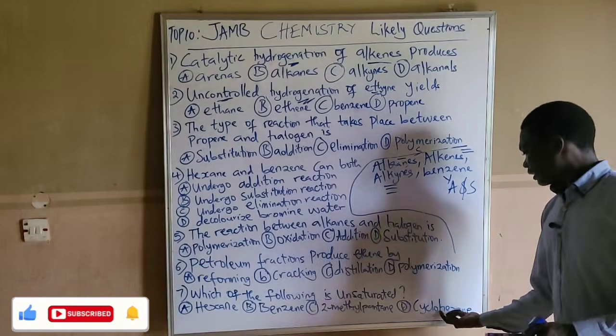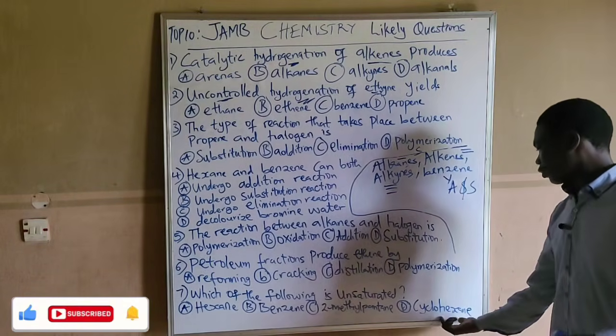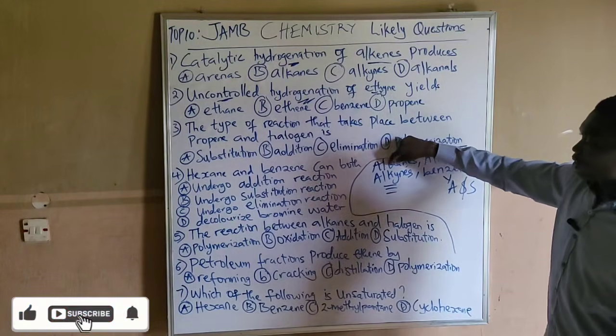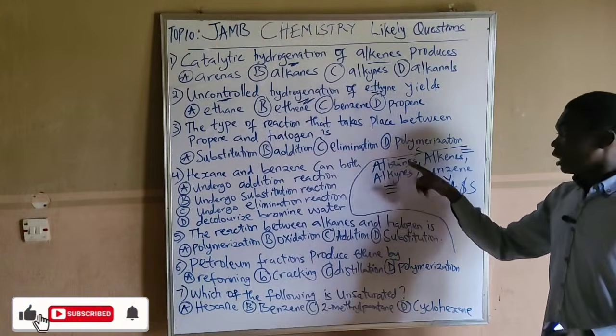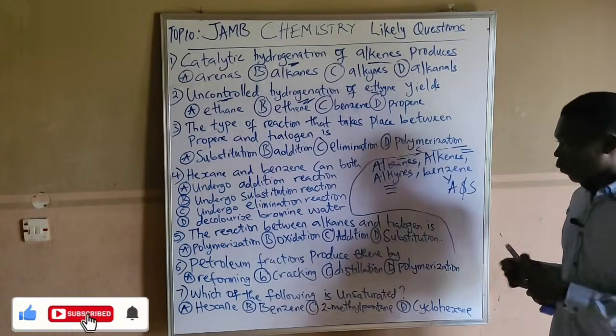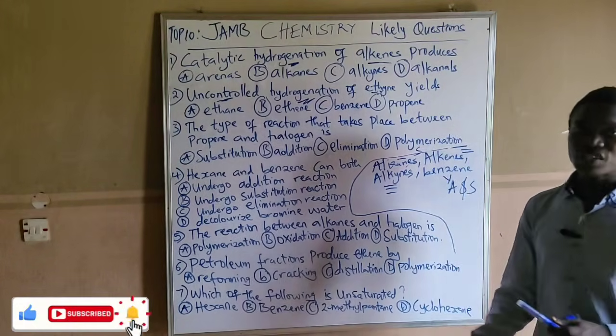And cycloalkane is just a cycloform of this. This one too, cyclohexane, is a cycloform of alkane, which is hexane. So it is still saturated because it is under alkane. The only one that is unsaturated here is benzene. Please take note of that.